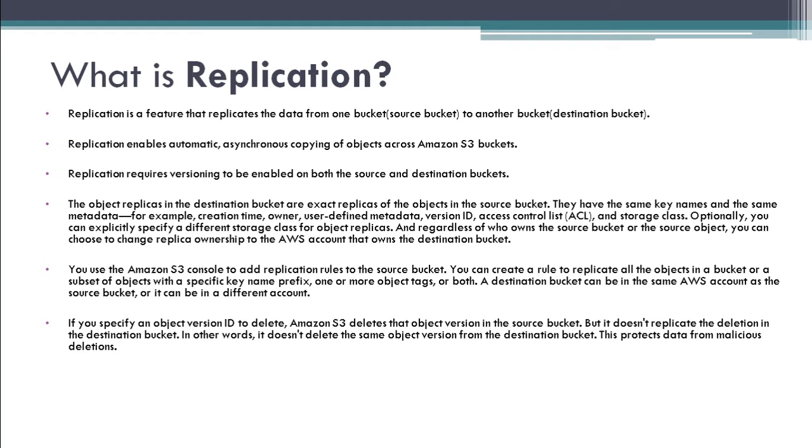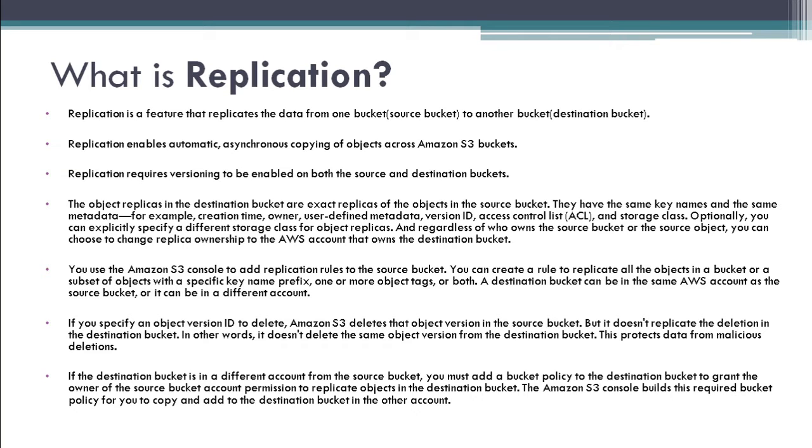So while replicating your objects, if you delete some object with a version ID, that delete action will not get replicated to the destination bucket. This will help protect your data from malicious or accidental deletion. So the delete action will not get replicated to your destination bucket.